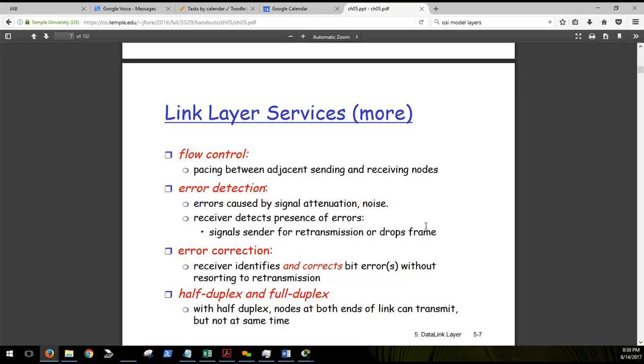The transmitting node includes error detection bits in the frame, and then the receiving node performs an error check. All right, good.